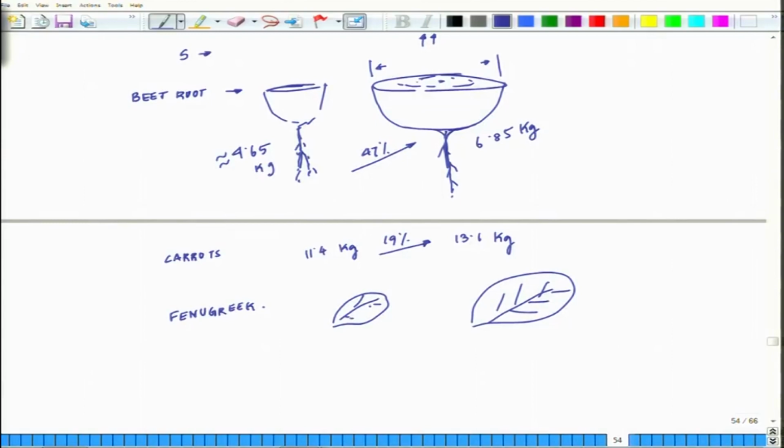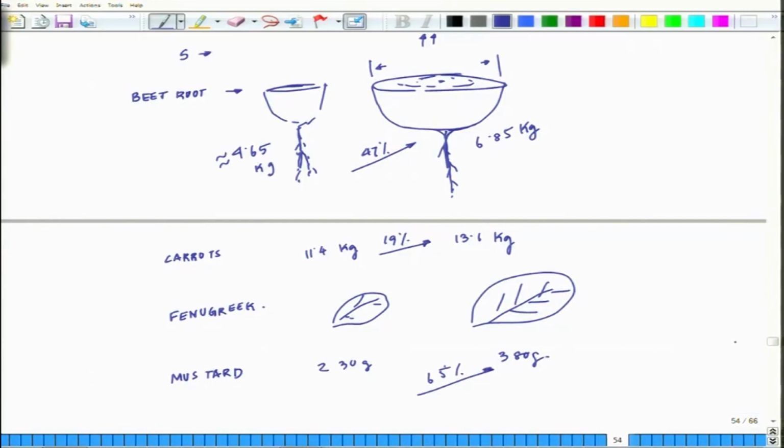Similarly, in the case of mustard, it was observed that there is approximately a 65% increase in yield. Here we are talking about an oil seed, with 230 grams in the control versus 380 grams, so it is a 65% increase in the mustard.